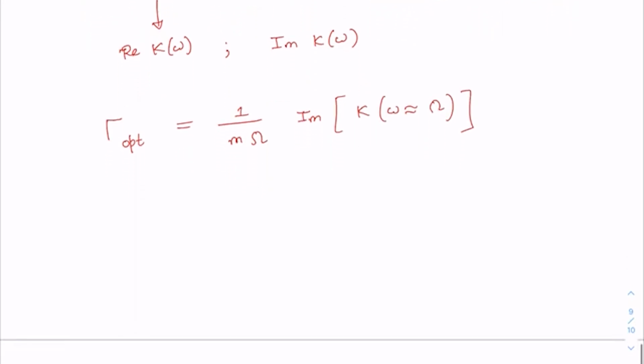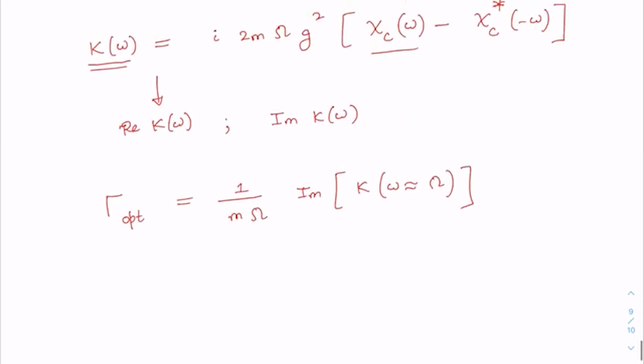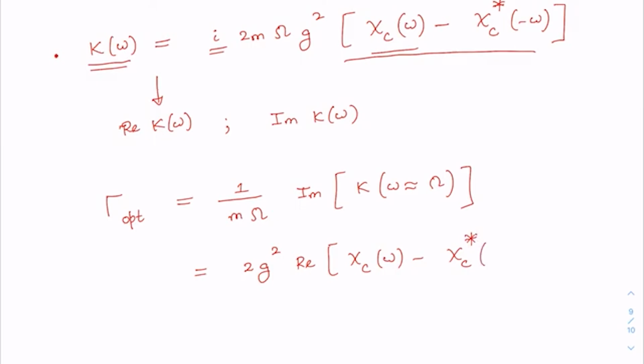If we do the algebra, it is very straightforward to see from this expression that this is going to be equal to twice z square, and then, because an imaginary quantity is there, we have to take the real part of chi c of omega minus the complex conjugate of the susceptibility evaluated at minus omega.